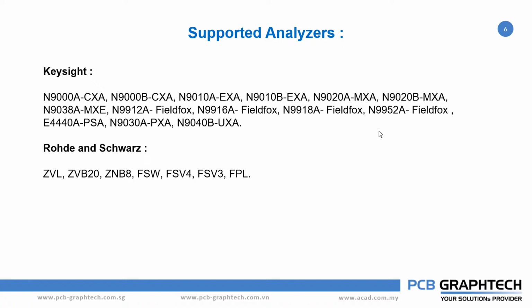It also supports Keysight field spectrum analyzers like E4440A PSA, then N912A, N9916, and N9918. If you take R&S spectrum analyzers like FSH8, ZVL, and ZVB20, these are also supported.